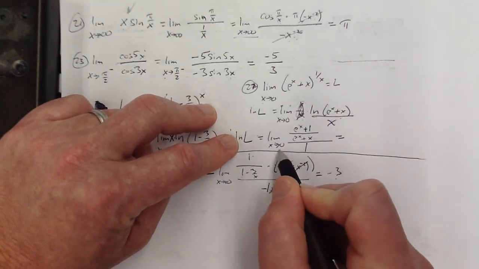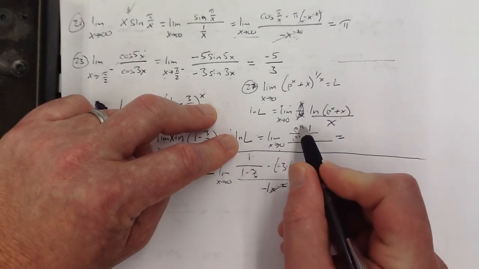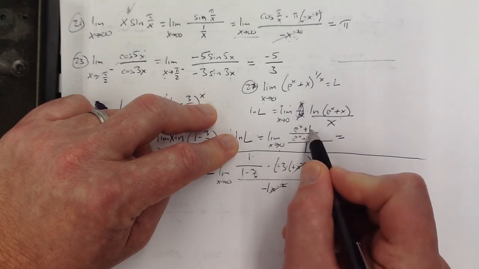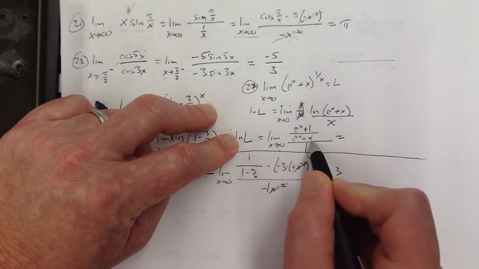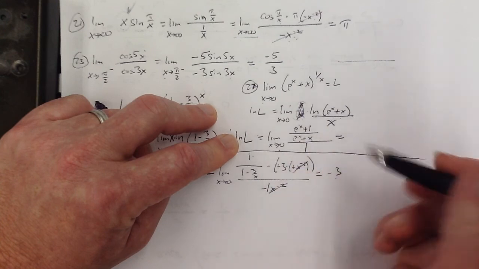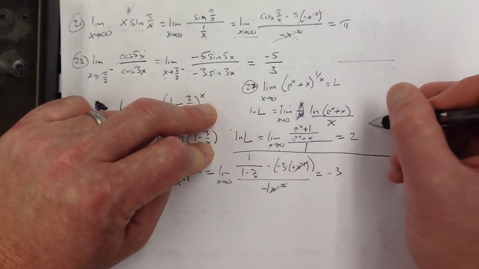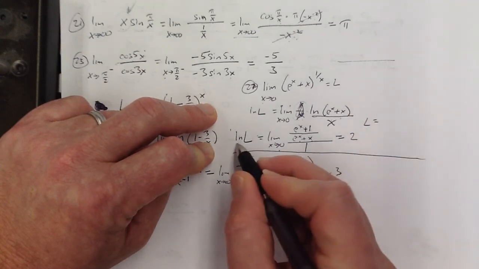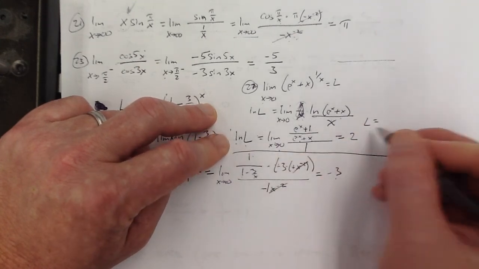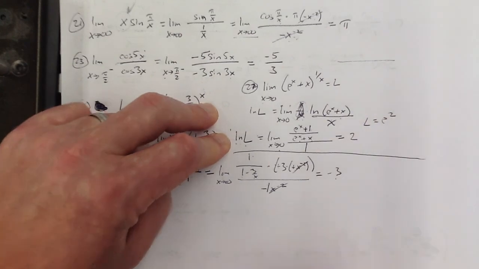And if I plug in my 0 now, I get e to the 0, which is 1 plus 1, over e to the 0, which is 1 plus 0. So that's 2 over 1, 2. So my limit that I'm looking for, that's the natural log of the answer. So the answer is e squared.